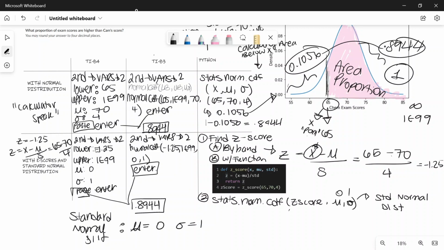So in this case, it would have been negative 1.25, or just your z-score, 0 and 1, right?